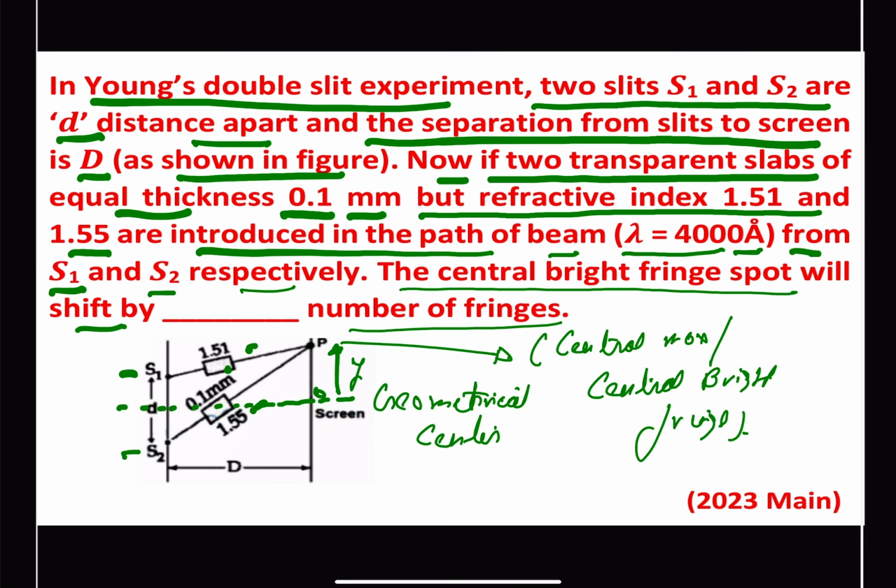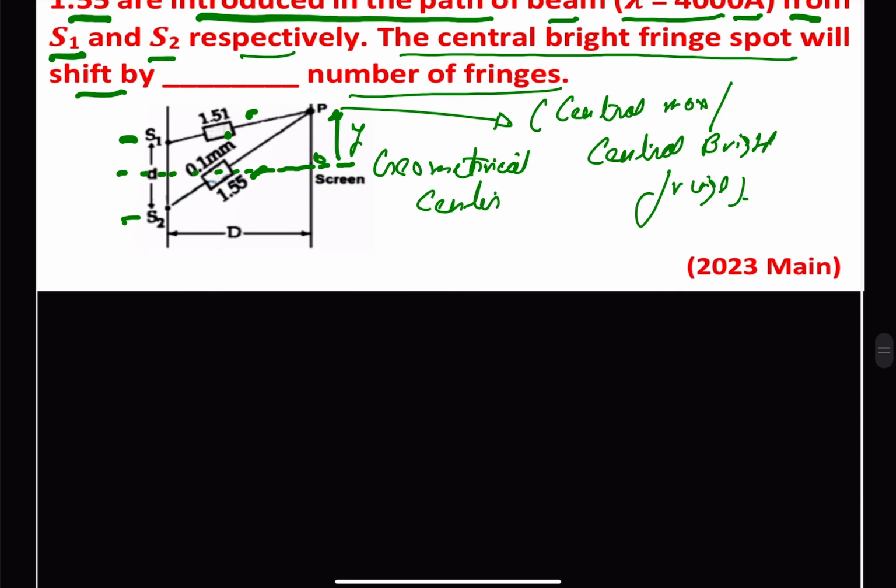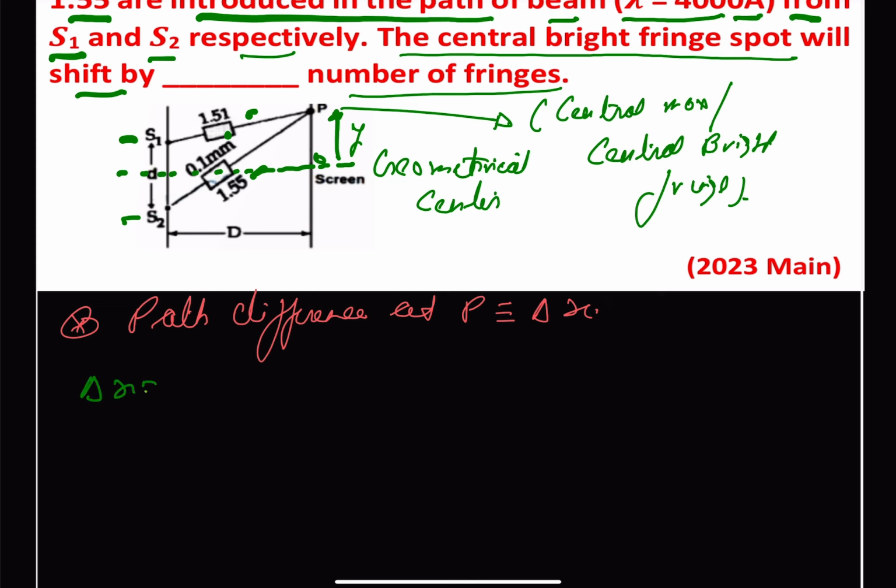So we can say the path difference at P, if that is given as delta x, then we can write delta x in terms of the glass slab, which will be mu2 minus mu1 multiplied by t.